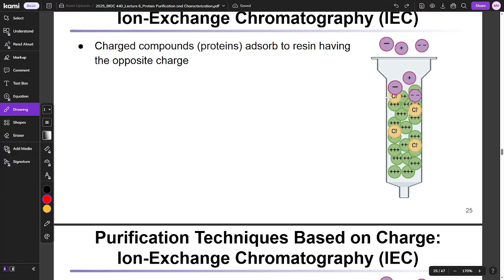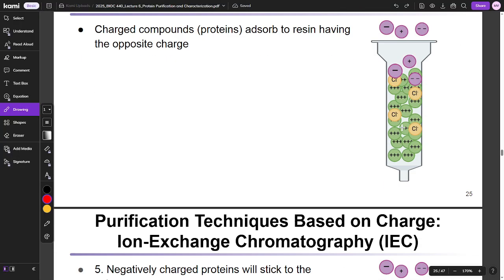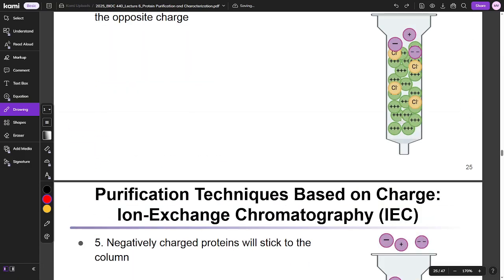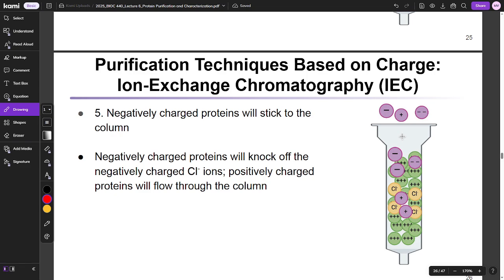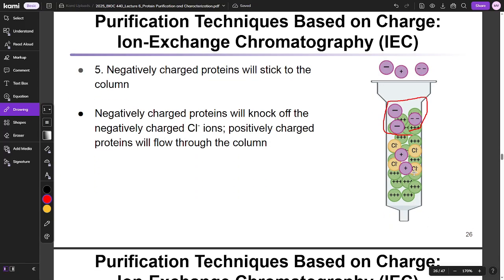Here you can see what's going on. Charged compounds adsorb to resin having the opposite charge. This positive is kind of just sitting up there. If you put more in, these will get stuck and these will try to elute out faster.